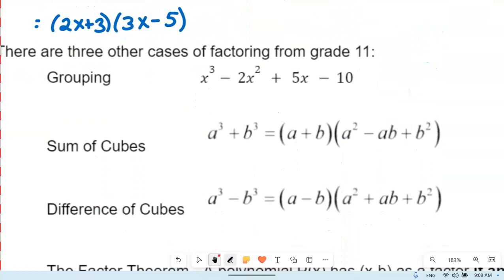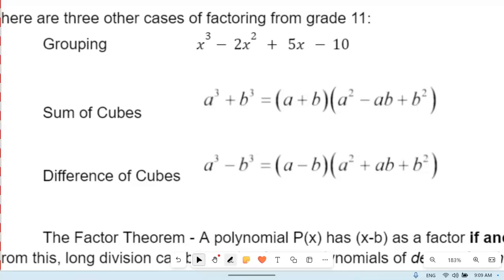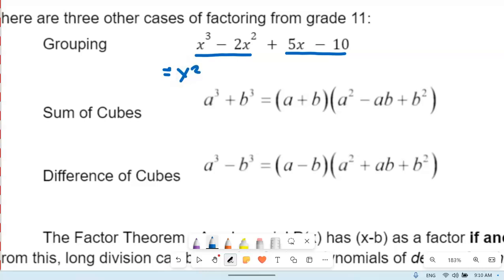In grade 11, we looked at factoring through grouping. So in this first case, we would take these 2 as a group and then these 2 as a group. And the first 2 have x squared in common, so we'll factor out an x squared. That leaves behind an x minus 2.